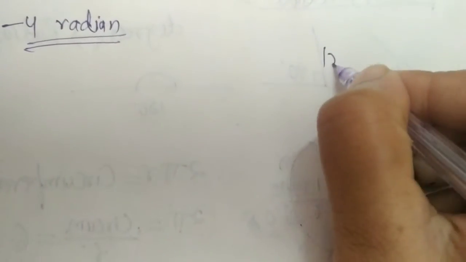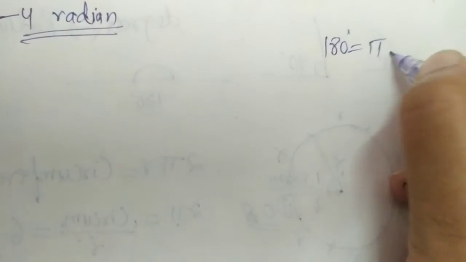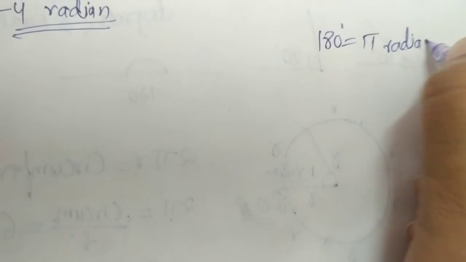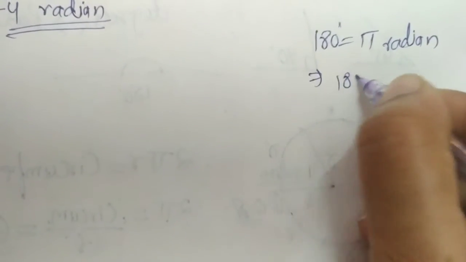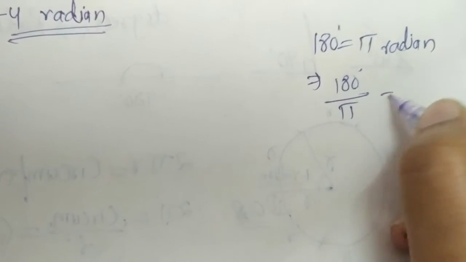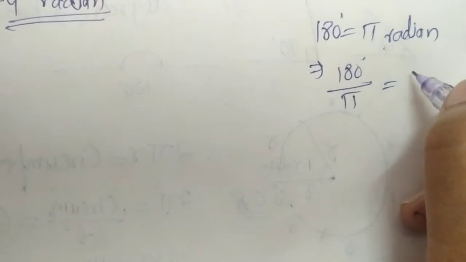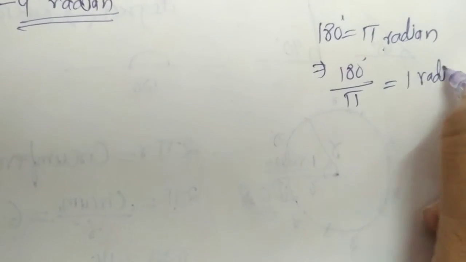Taking the other question, we are given minus 4 radian. Now we need to convert it to degrees. So again, what relation do we have? We have 180 degree equals pi radian. It means 180 degree upon pi will be equal to 1 radian.